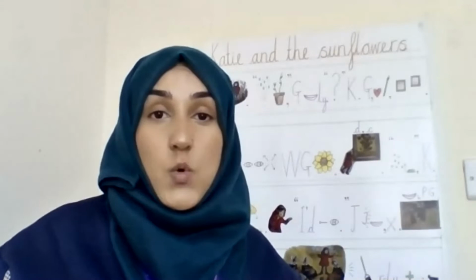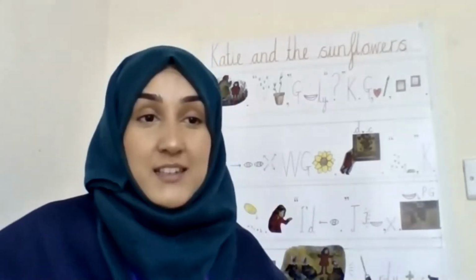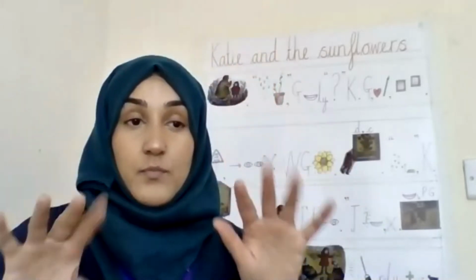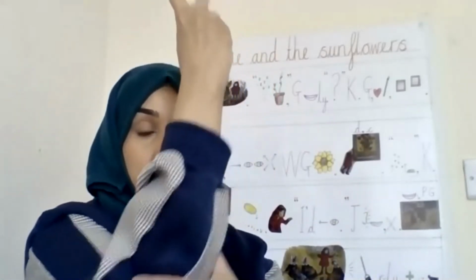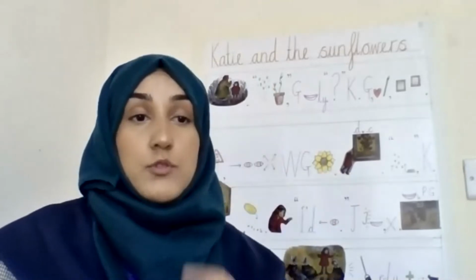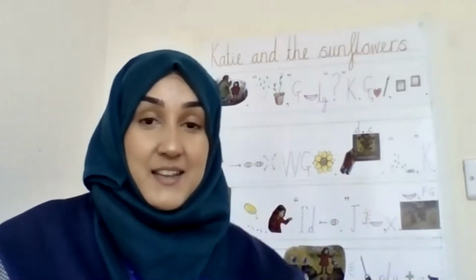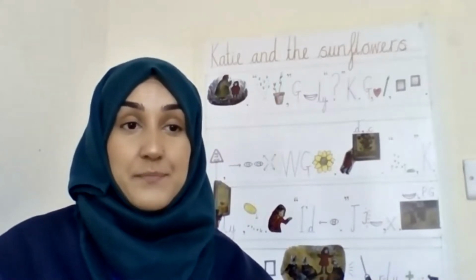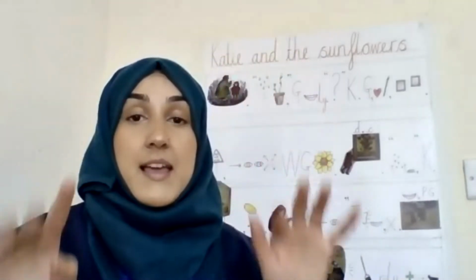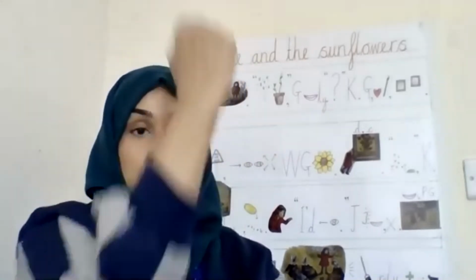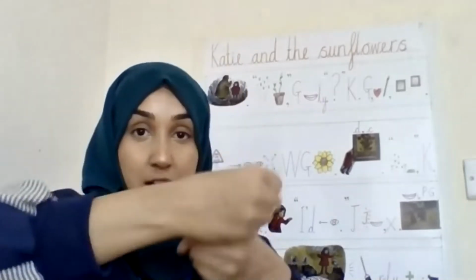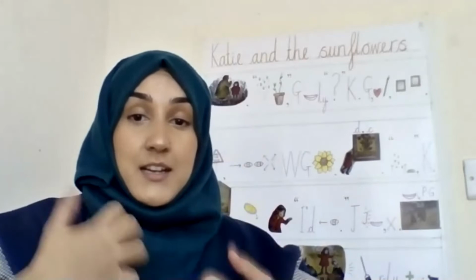Now, excitedly or happy is like you're itching yourself. Itchy, itchy, itchy. So the rain will make everything grow, said Grandma excitedly. Okay, let's try that slowly. The rain will make everything grow, said Grandma excitedly.